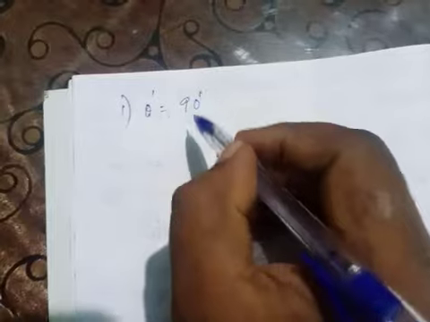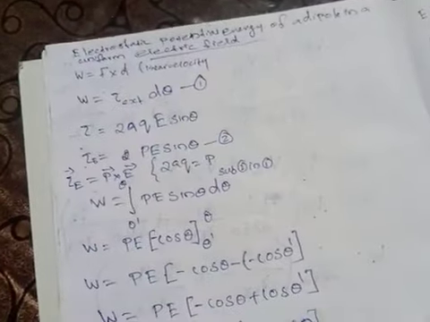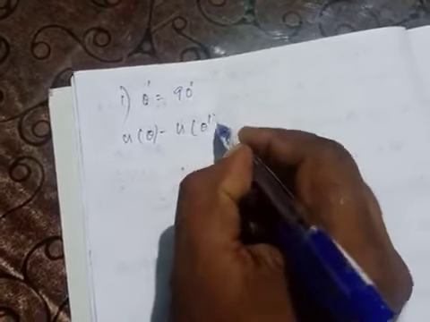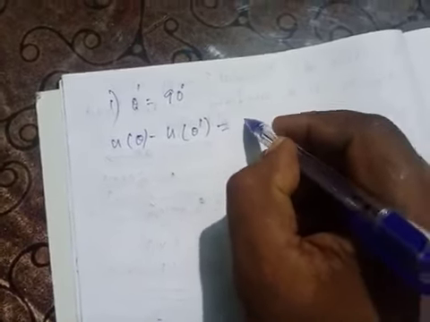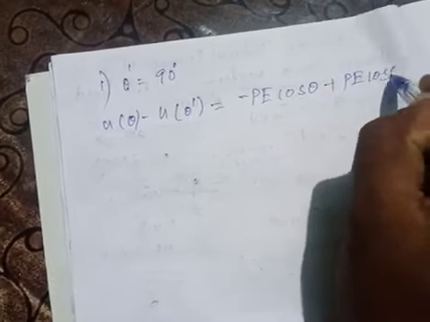Now let us see what will happen. First, when theta is equal to theta dash, assume that we are keeping this dipole at the initial angle theta dash of 90 degrees. So from our formula, delta U, you can write U theta minus U theta dash equals minus P cos theta plus P cos theta dash.